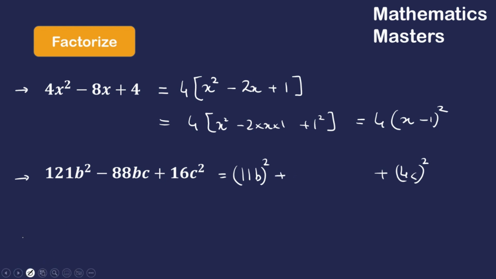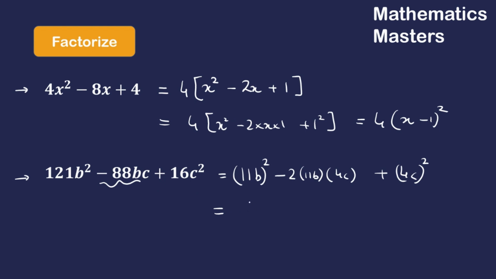And if we apply the second identity, because over here it is negative, minus 2 times 11b times 4c. Let's multiply this. 11 times 4 is 44, 44 times 2 is 88, so 88b into c, that means 88bc is negative, and over here it is the same.